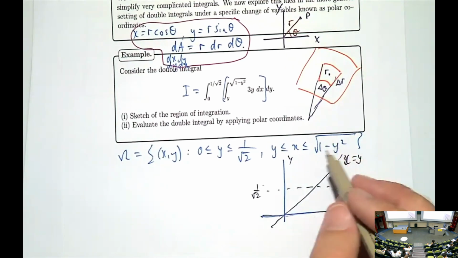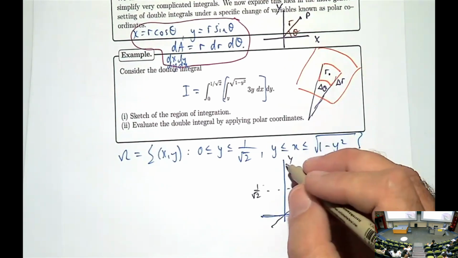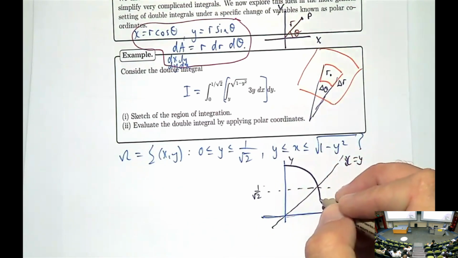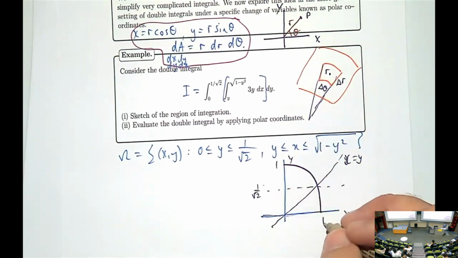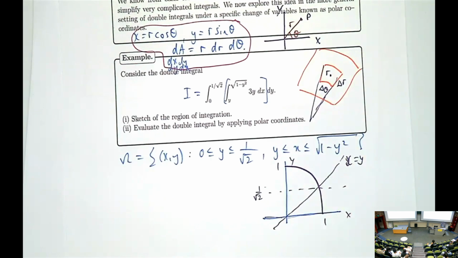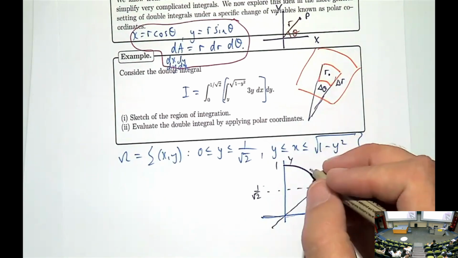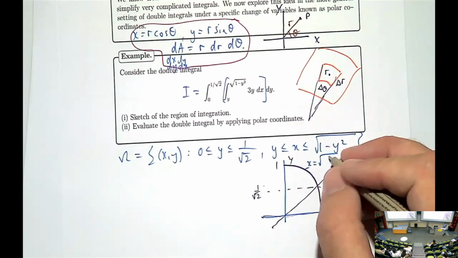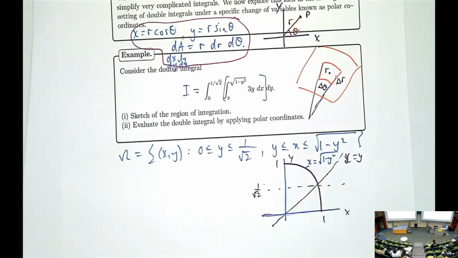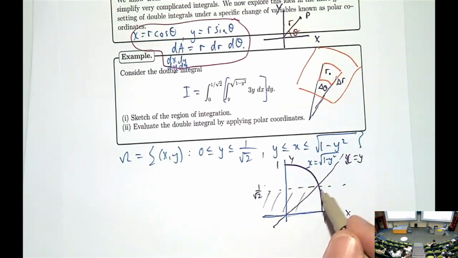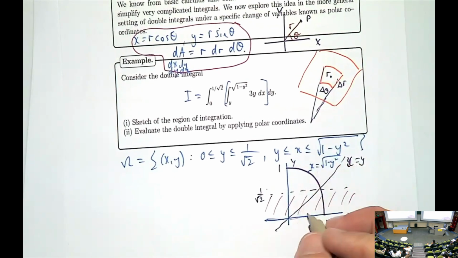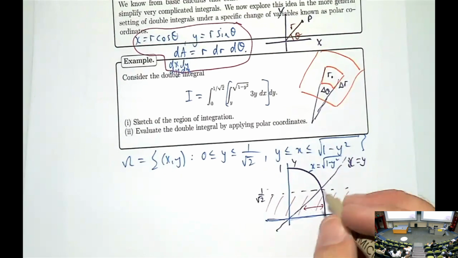And this thing here, now that is part of a circle, right? So that's going to be x equals root 1 minus y squared. So now we just need to work out where our bit is. We're in this strip here, and x is going between there and there.